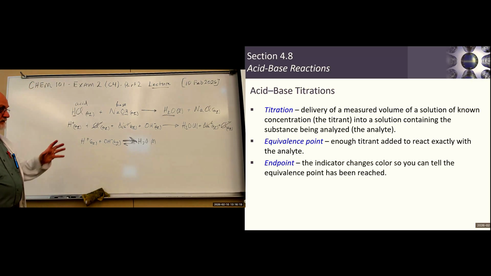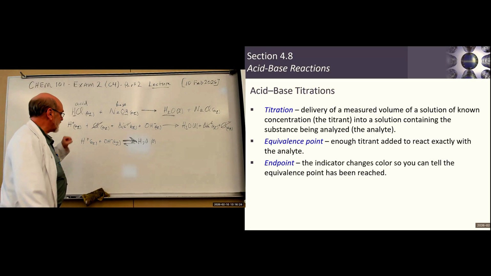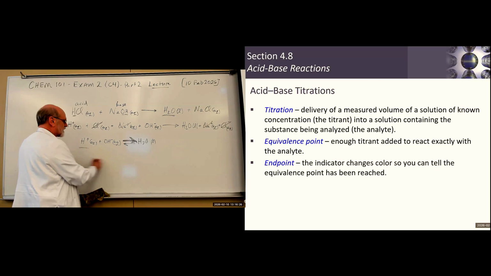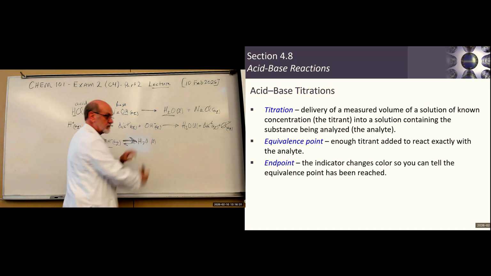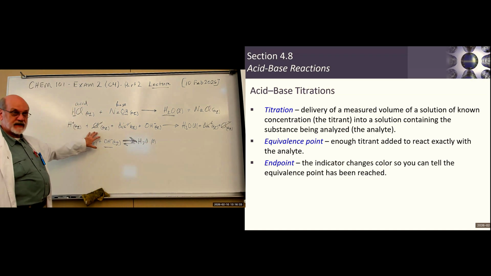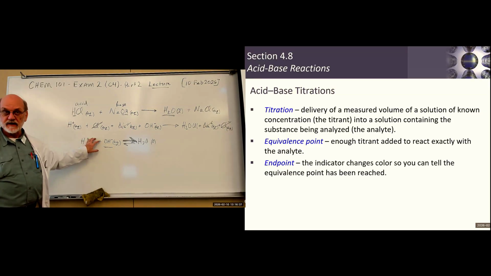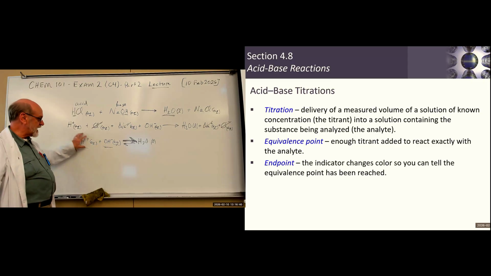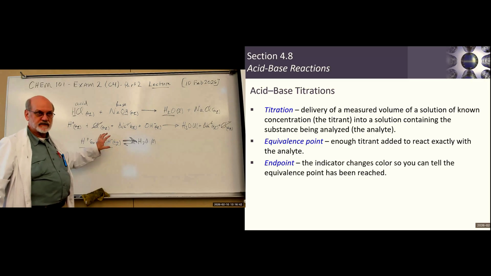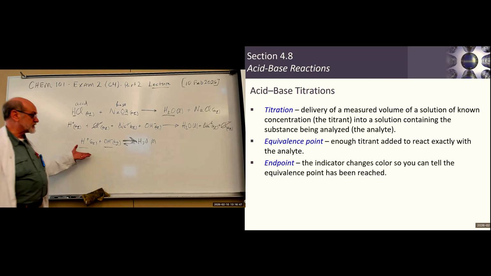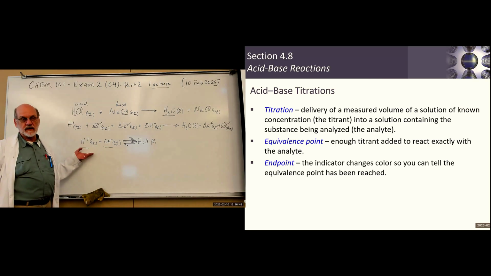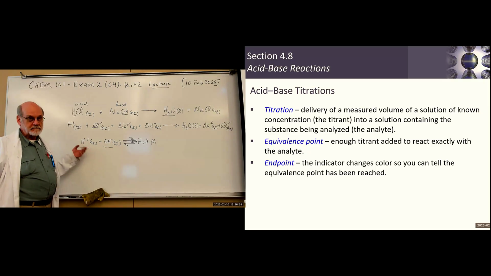Now the endpoint for this acid-base reaction is when you actually have exactly the same moles of this as that. They're equal. All of this goes over here. That's the equivalence point of this reaction, when the moles of acid exactly equal the moles of base. The only way you can tell this is to use a pH meter and draw your titration curve.